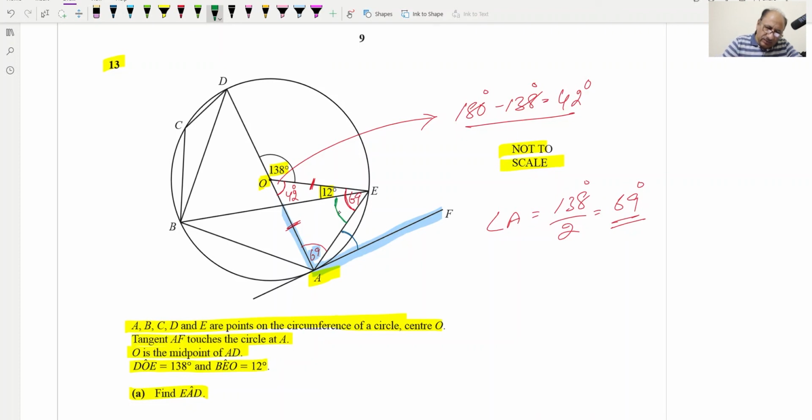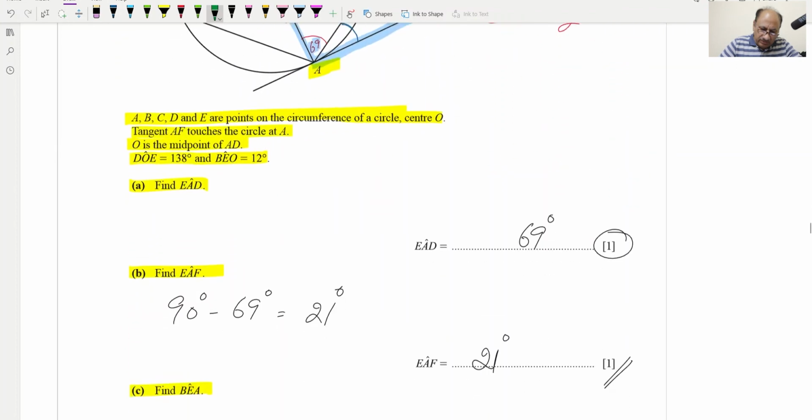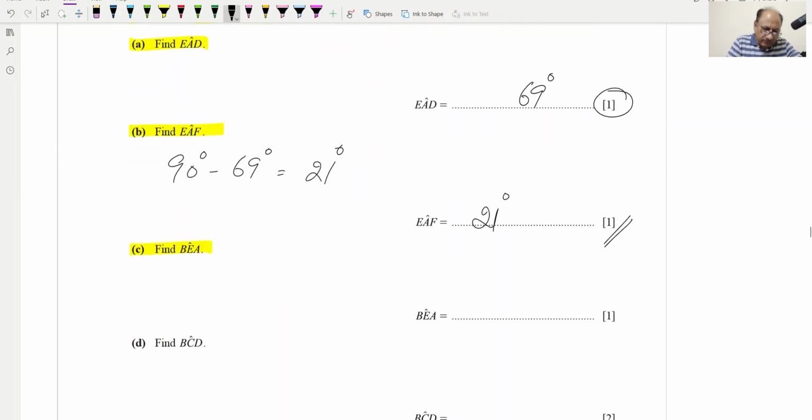So this angle will be 69 minus 12 degrees. 69 minus 12 will be 57 degrees. So we can write here 57 degrees as our answer for this one.